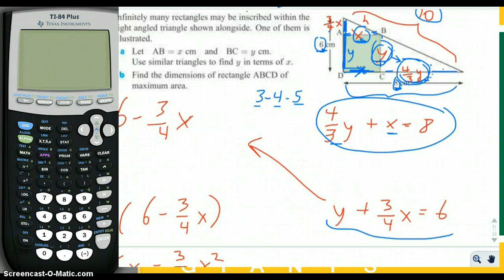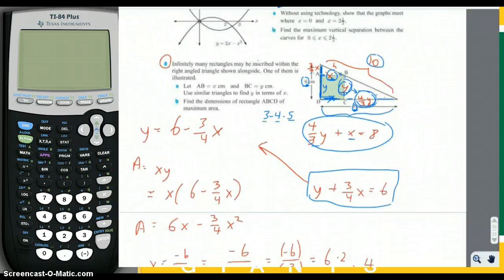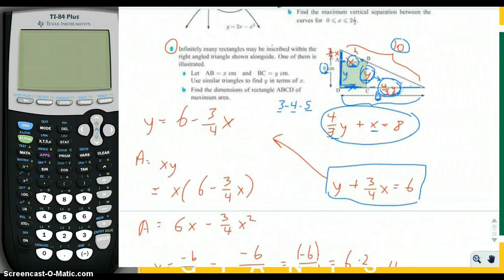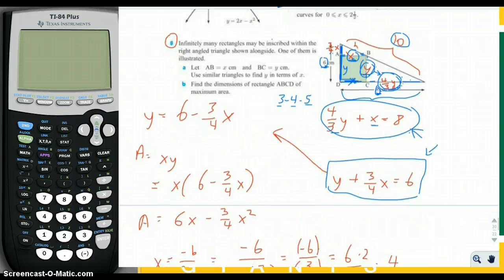If it's x, we multiply by 3/4 to get 3/4 x. We're going to use this one because it's more convenient. These 2 equations are equivalent, so we can check that out in class.